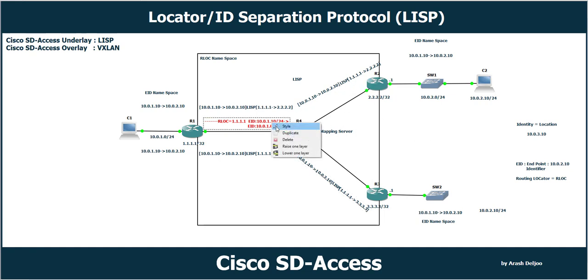Router 2 also sends some information like this to router 4, because all of the routers know about the mapping server. Router 2 says, my RLOC is Quad 2, and the EID that I have access to is 10.0.2.10 and also 10.0.2.0/24.